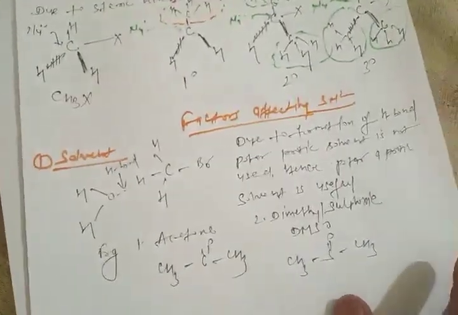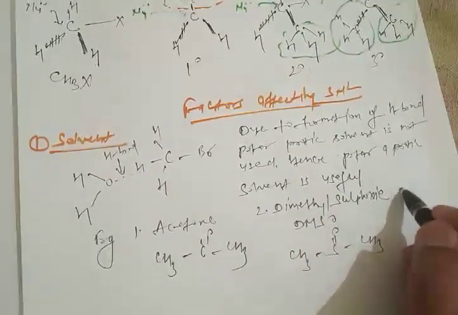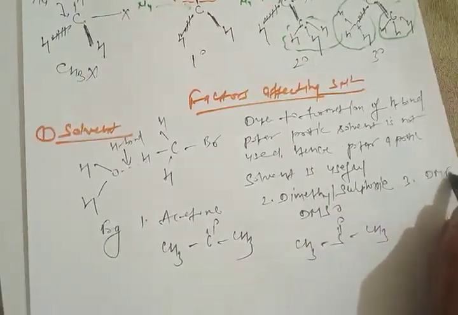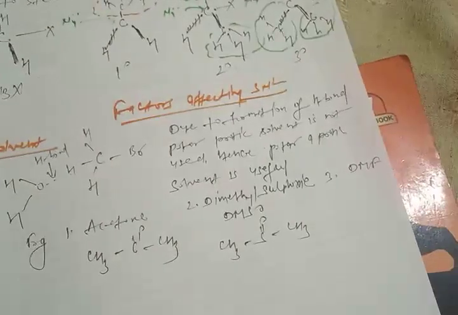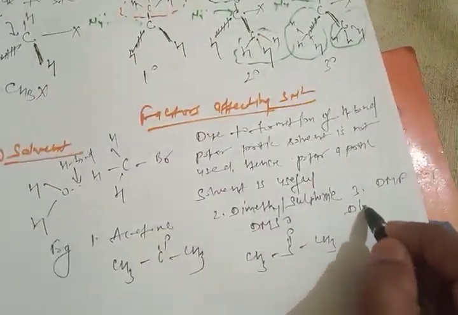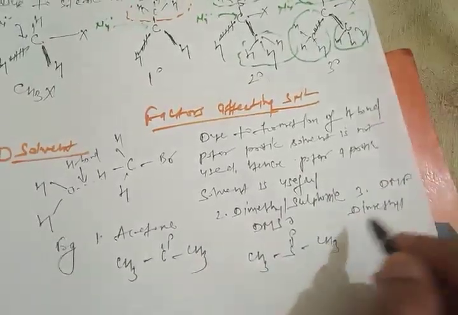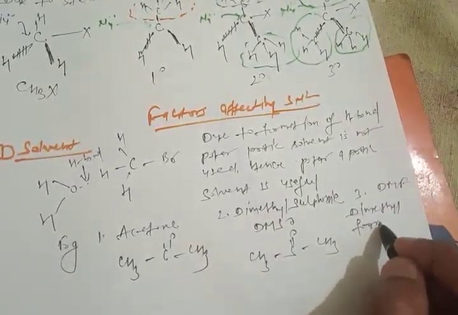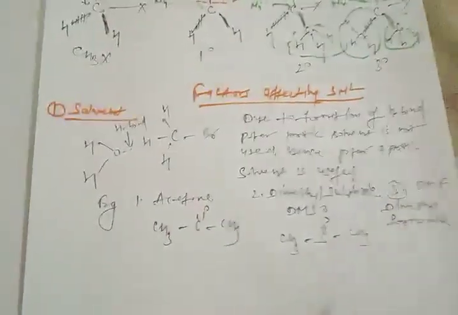This is dimethyl sulfoxide. Okay, the third one is DMF, dimethylformamide. So I'm leaving it for you to draw the structure of this.